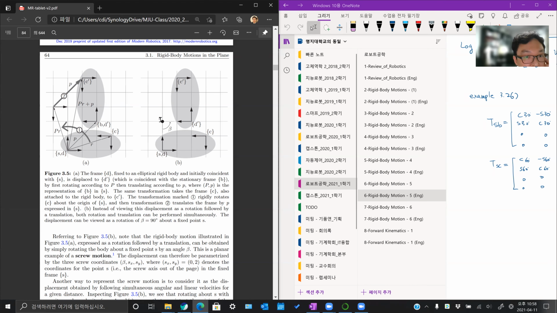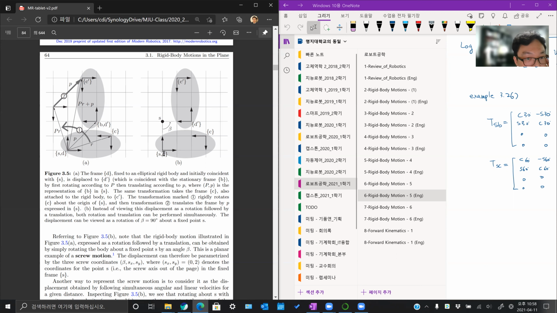But this kind of motion can be simply expressed using this screw motion. Screw motion means there is a screw axis at this point, and when we rotate this rigid body based on this screw axis about 90 degrees, this rigid body becomes this one.